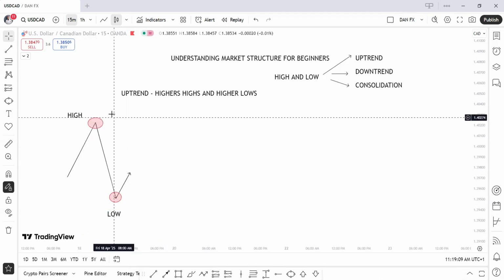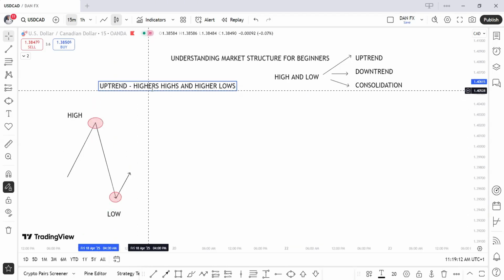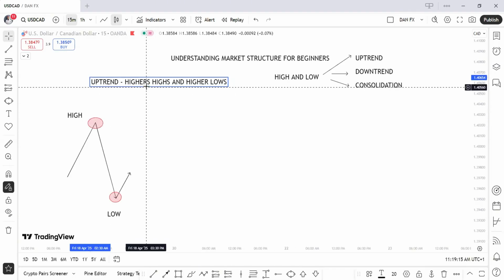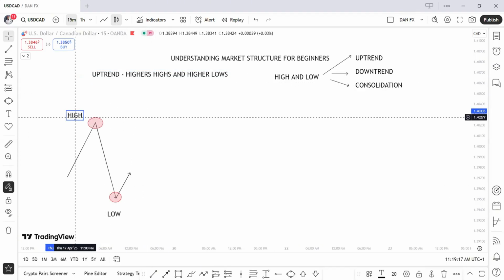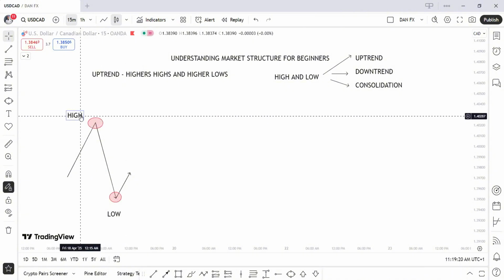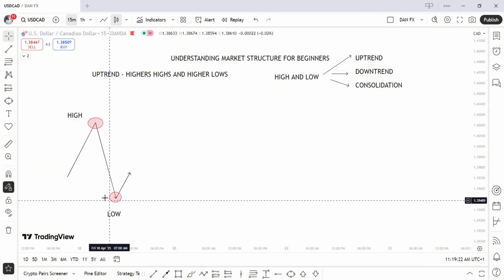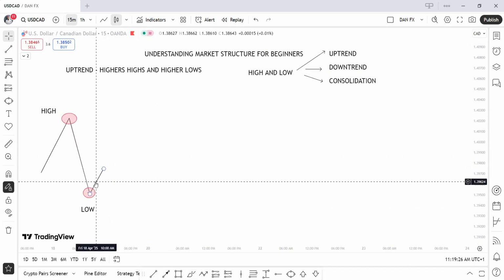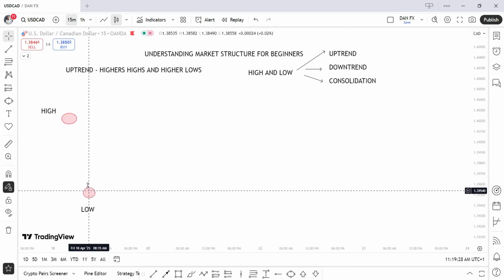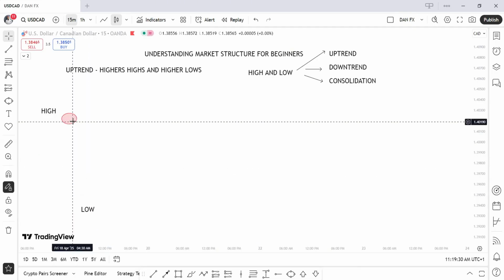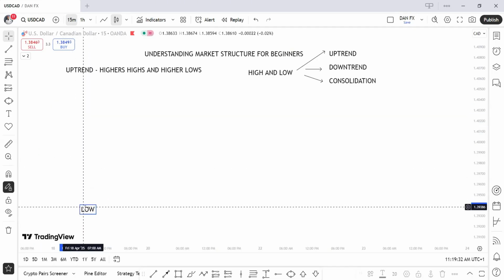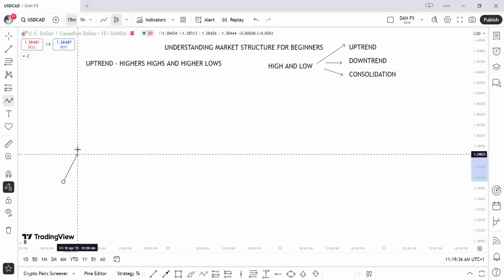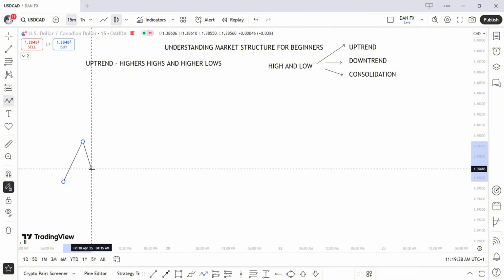So an uptrend consists of higher highs and higher lows. If we're going to create an uptrend, highs are meant to be higher than this one, and lows are meant to be higher than this one. Let me clear this out. In an uptrend, you're going to get a high, and then a low.